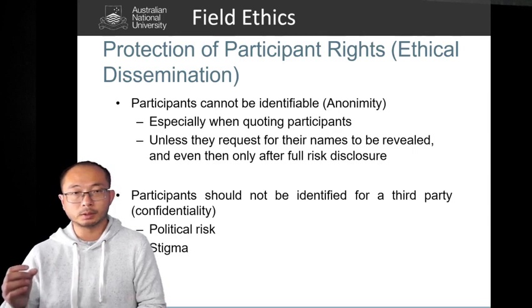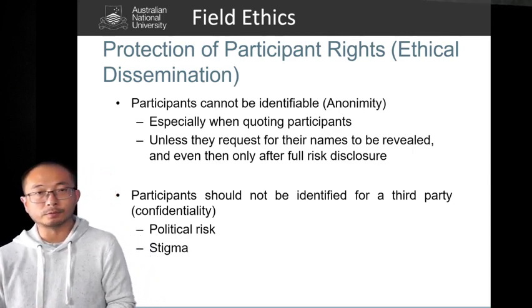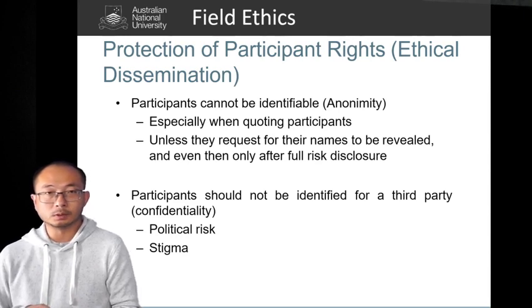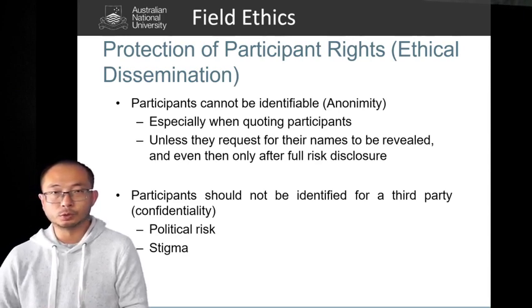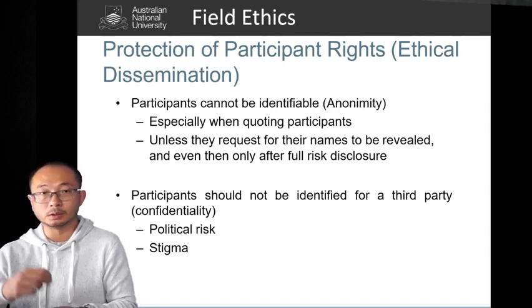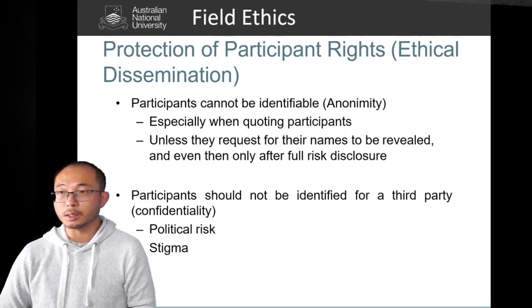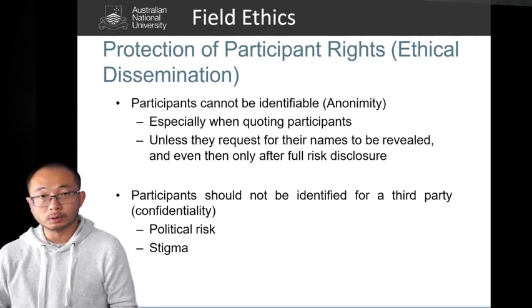You may make small notes, but these initials that you give to the participants, you should try as far as possible not to make them linked to a certain characteristic of a person, unless they ask for the names to be revealed.